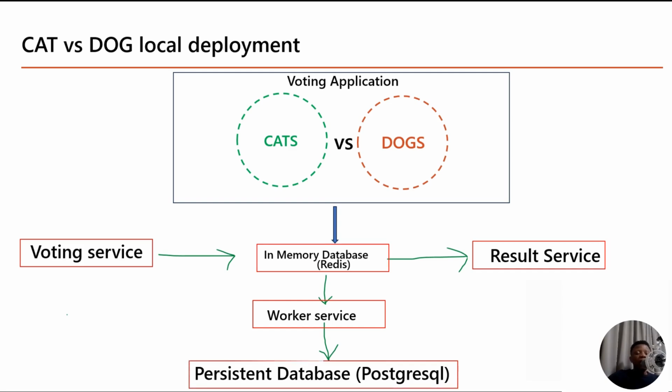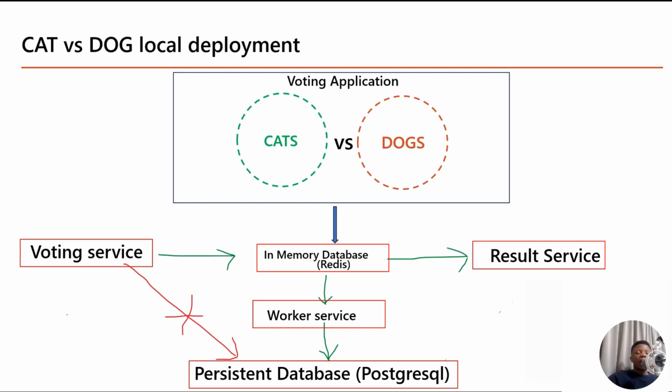So you can think of the worker service as the service that helps to improve the performance of the overall voting system. So instead of the voting service writing directly into the persistent database, PostgreSQL, it won't. It writes into the in-memory database, and then the worker service goes into the in-memory database, pulls the votes from it, and puts the votes into the Postgres database for persistency.